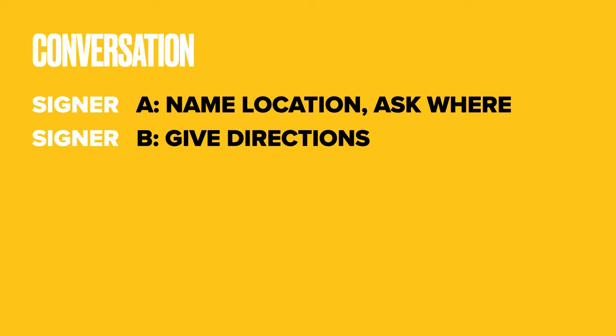So you would point up and then show the sign for stairs like you're going up. If something is downstairs from where your current location is, you can point down and then make your fingers go down the stairs like you're signing stairs.